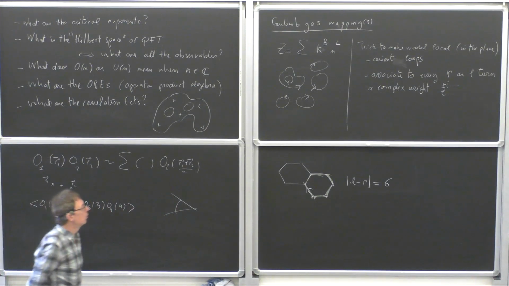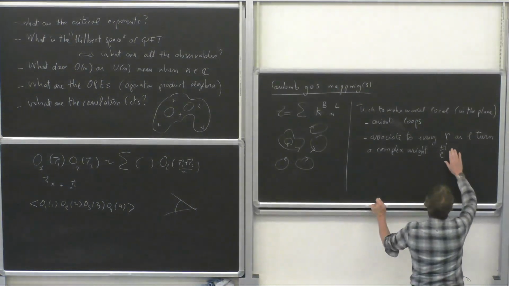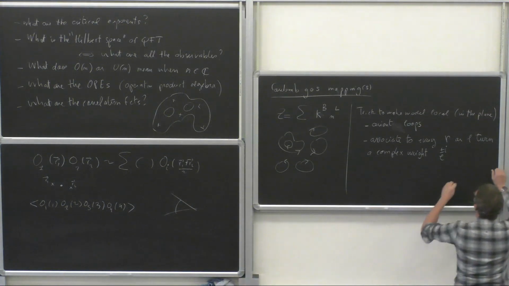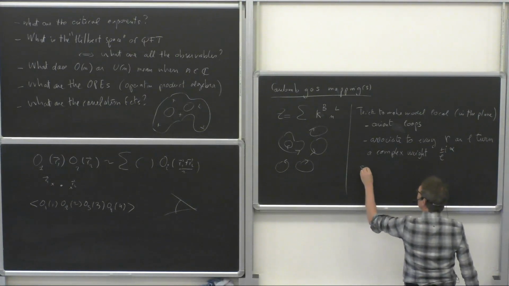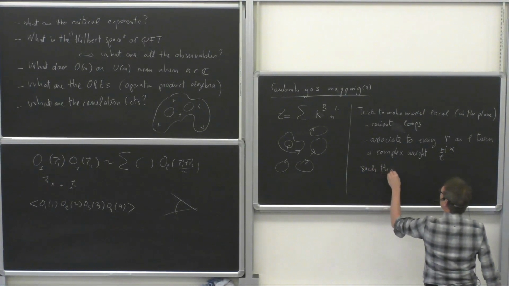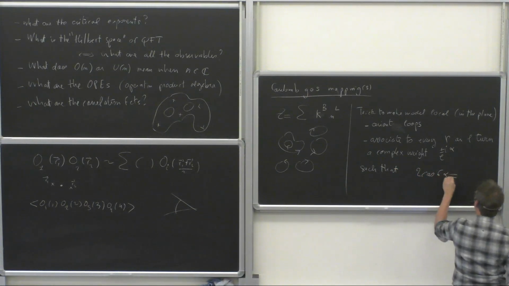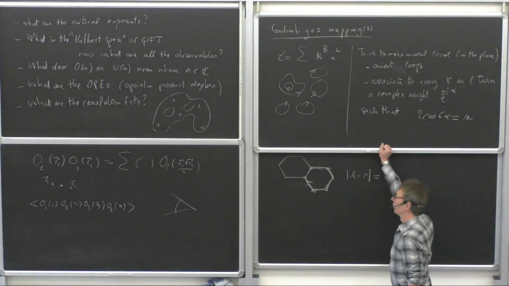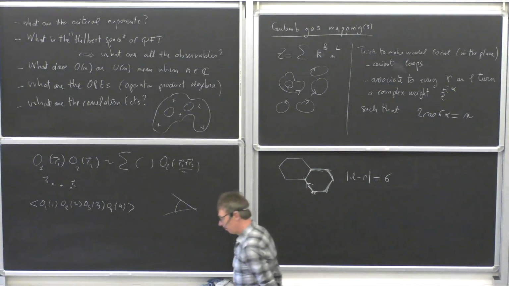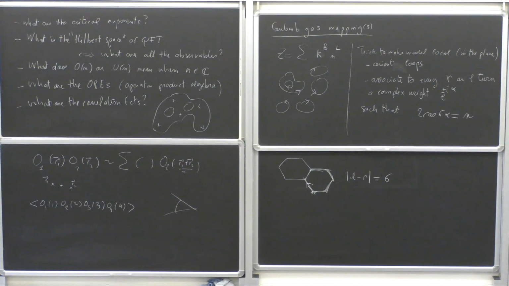Okay. So if I give for the model on the honeycomb lattice a weight e to the plus or minus i alpha, and if I choose that 2 cosine 6 alpha is equal to n, I will have ensured that every loop gets the correct fugacity n.